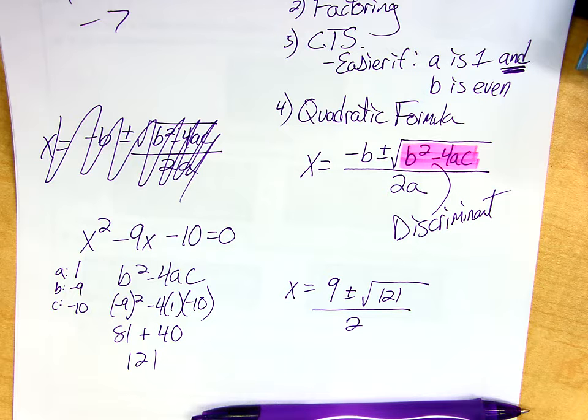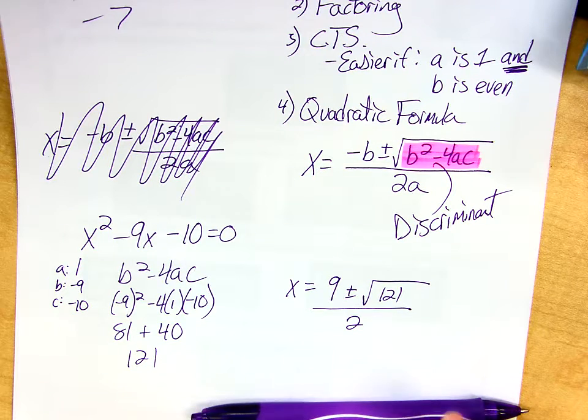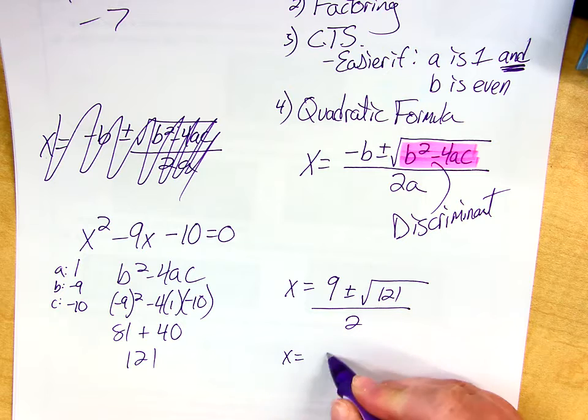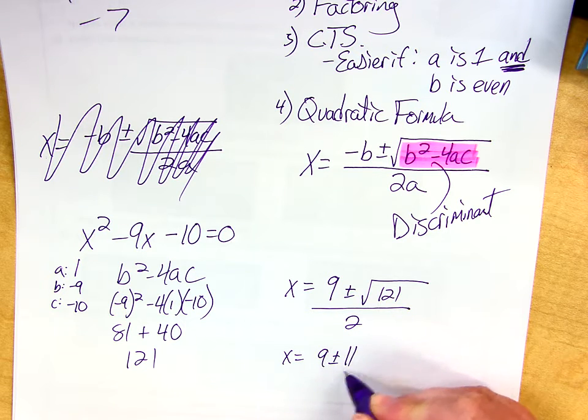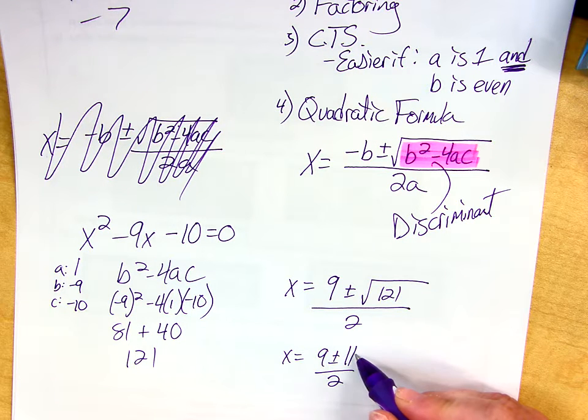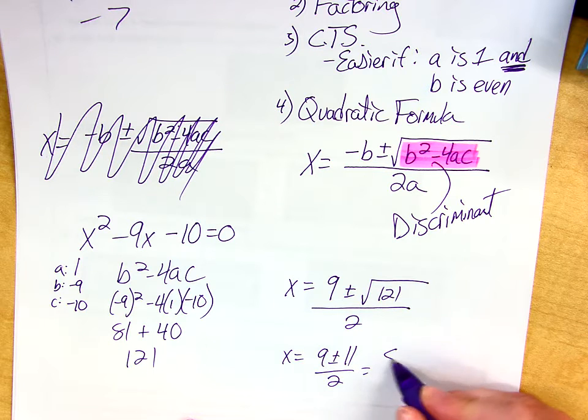Does that make sense? Okay. Now, I'm not done. I can finish this, of course. What is the square root of 121? 11. So now I get here, 9 plus minus 11 over 2. Of course, you're not going to stop there. 9 plus 11 gets you 20 divided by 2, which is 10.